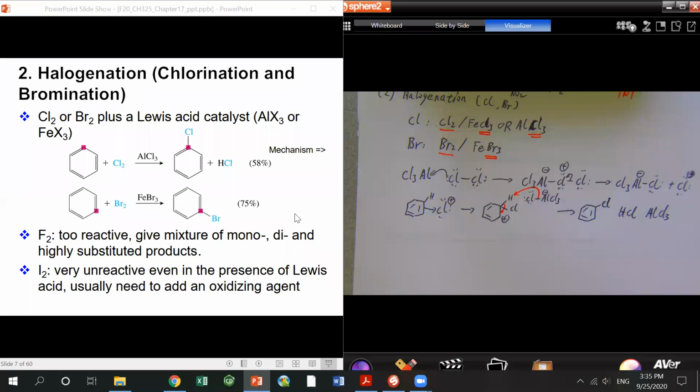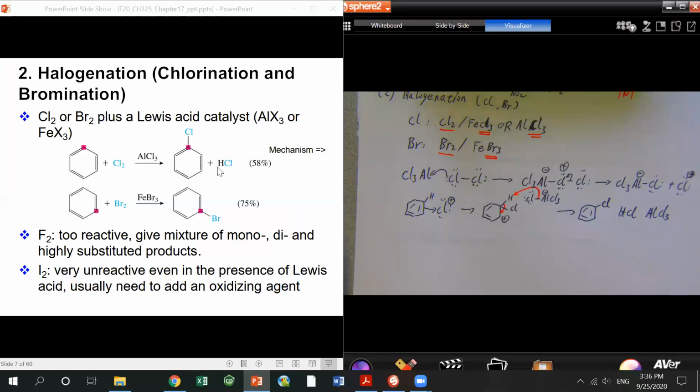We cannot do it for fluorine and iodine. The reason is that fluorine is too reactive, so normally you get mono, di, and even tri substituted products, quite a mess, even if you use a 1-to-1 ratio of reagent. Iodine is the other extreme, too unreactive, so even with a large amount of Lewis acid catalyst, if you really want to do ES for iodine you have to add an oxidation reagent, and the yield is pretty poor, not ideal.